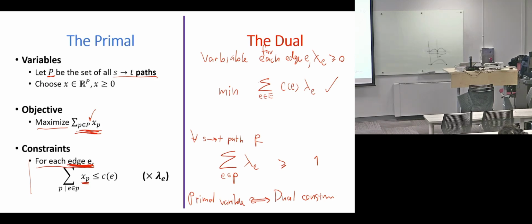It will appear in the constraint where the edge e is in that path. The primal constraint that xp appears in is the constraint where the edge is in that path. So I just sum over all edges that are in that path.